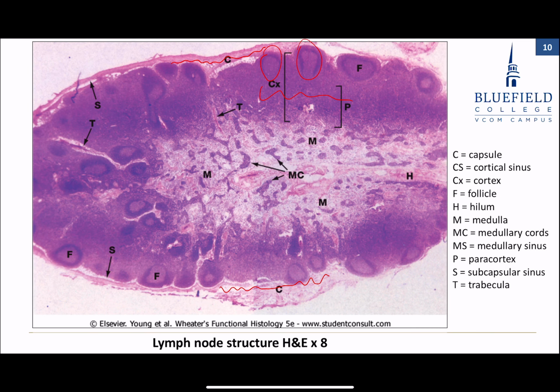There's some that are not. Right here I'm circling a nodule without a germinal center. Here's another nodule right here without a germinal center. But most of the nodules in here have a lighter staining germinal center, don't they?